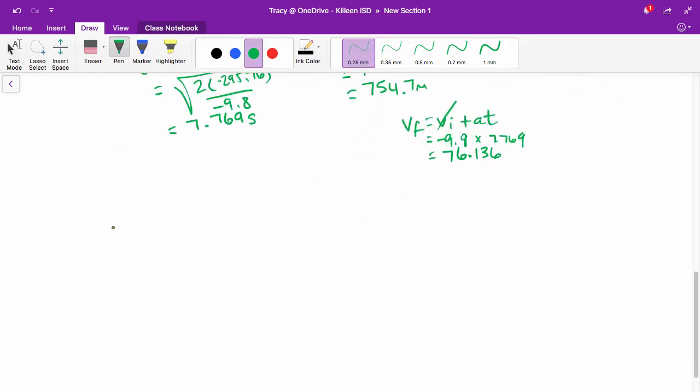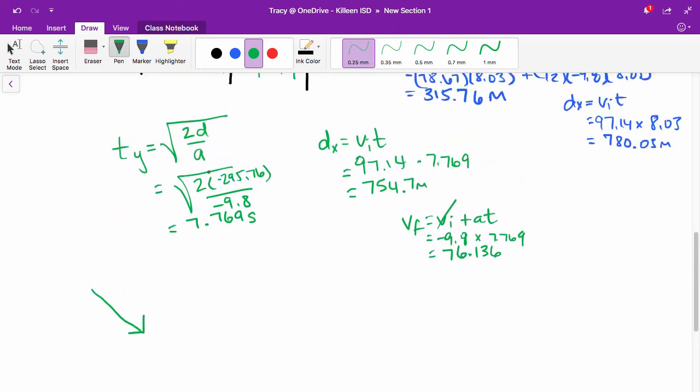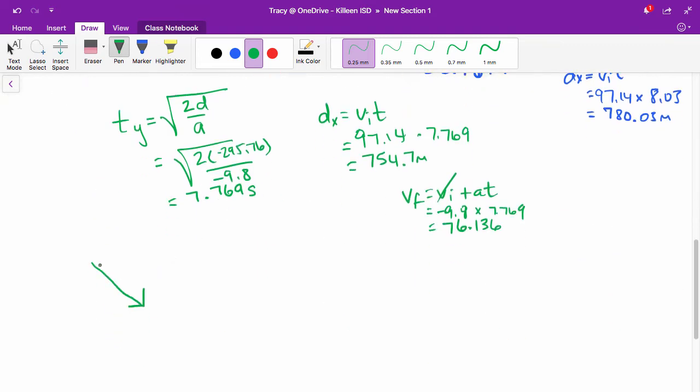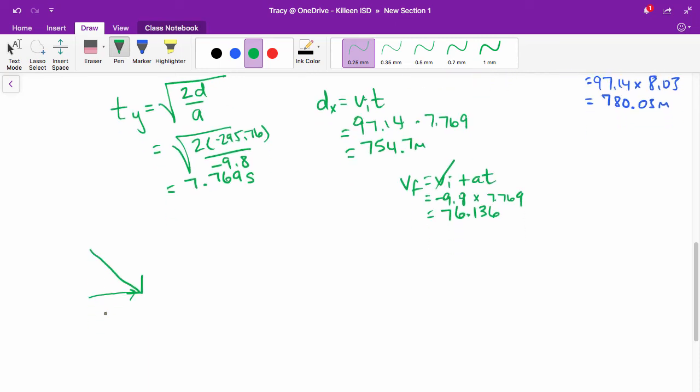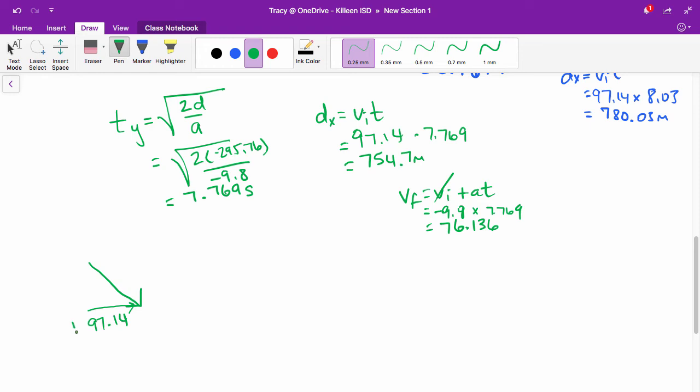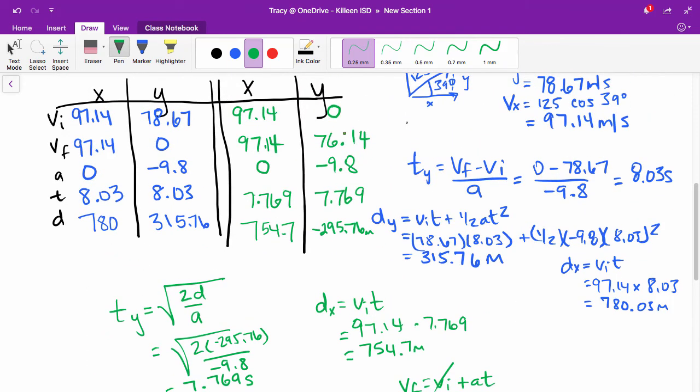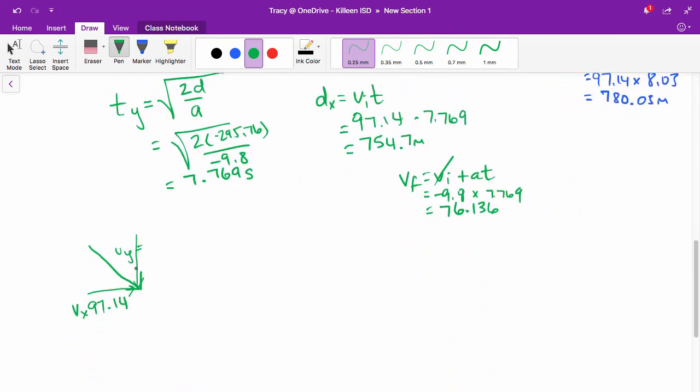So impact velocity, it's coming in at the hill at this angle, but that has an X portion of 97.14, and it has a Y portion of 76.14.